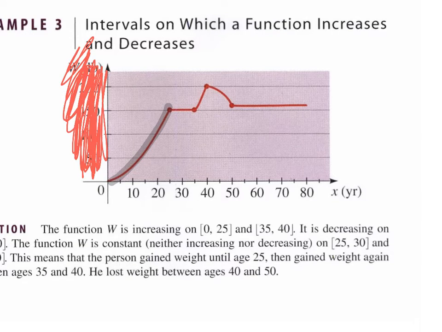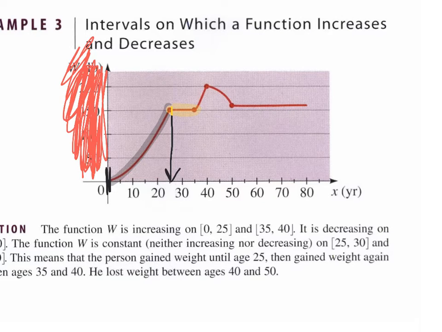On the black line, from what number on the x-axis to what number on the x-axis does this graph increase? From 0 to what? 25. Do you see that? So if I said to you, what is the interval of increase, you guys would say from 0 to 25. What happens here? It's steady. What's another word for steady?